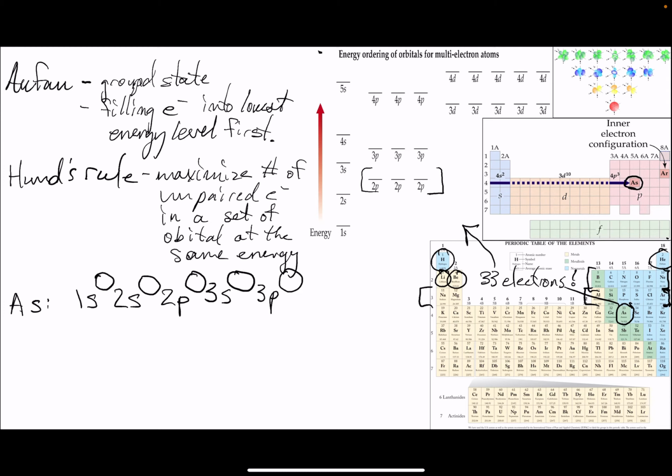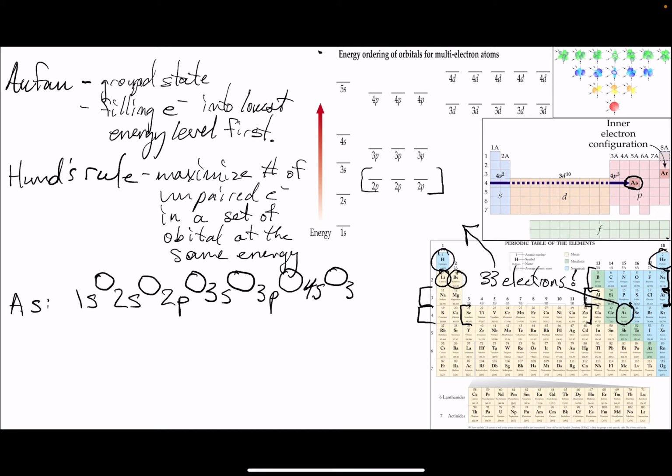And then when I move to the next area, I'm into the 4th principal quantum number, or the principal quantum number of 4, so 4s, and I could put a number as large as 2 there. I'm now into my D block for the first time. So here's the exception.